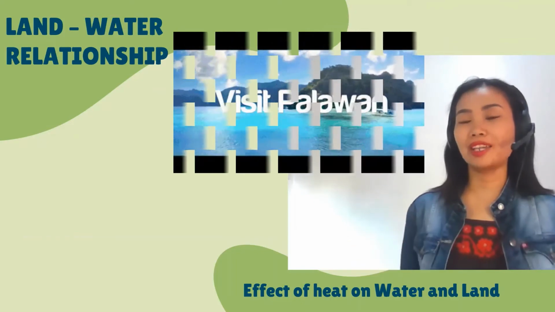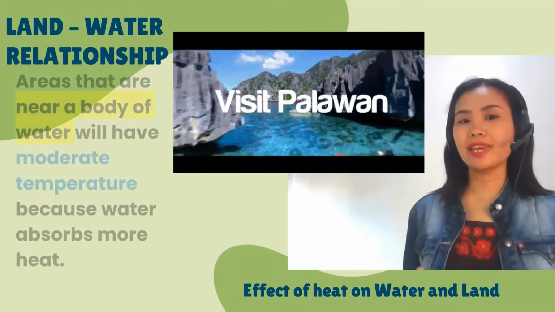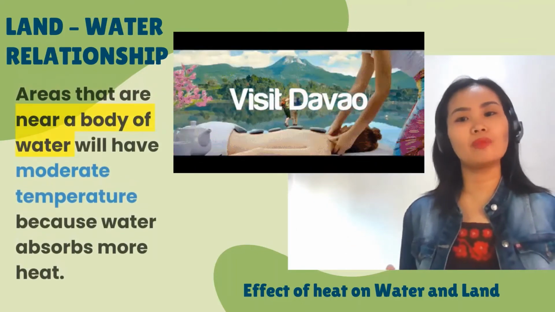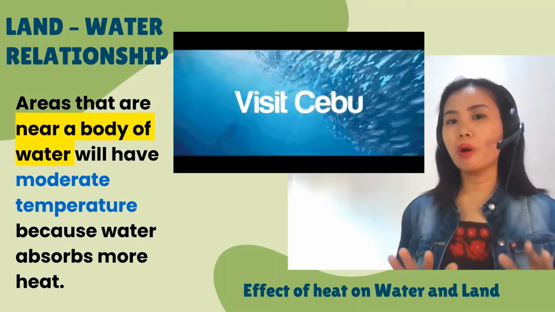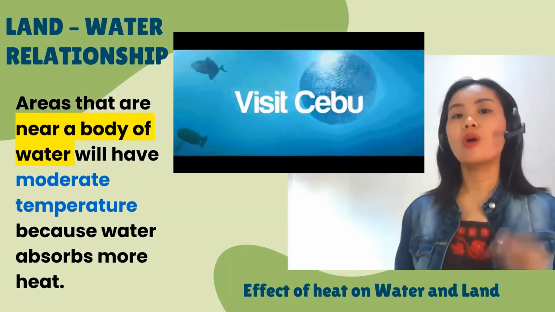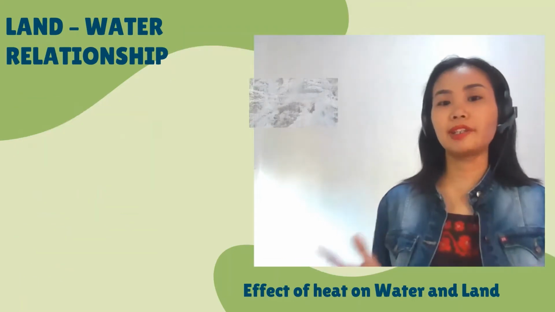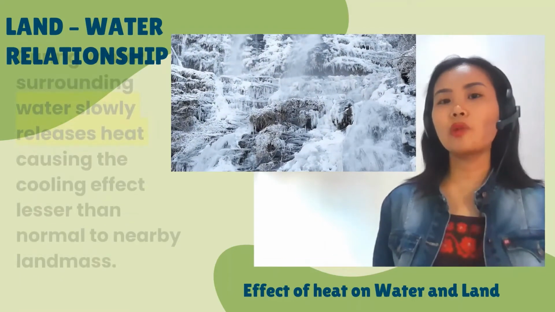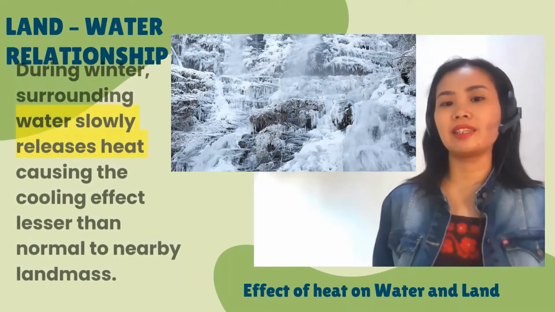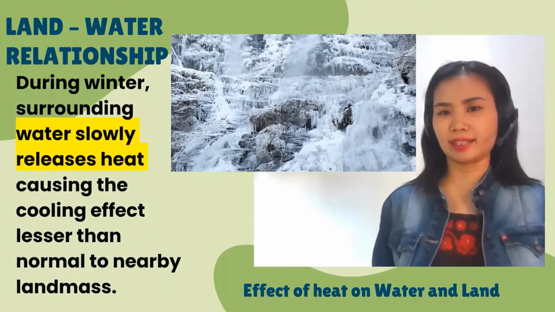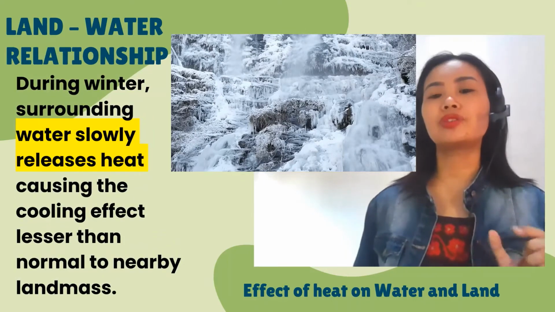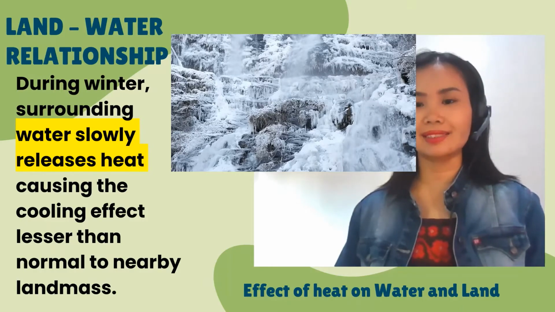That is why during summer, areas that are near a body of water will have moderate temperature because water absorbs more heat. Similarly, during winter, surrounding water slowly releases heat, causing the cooling effect lesser than normal to nearby landmass.